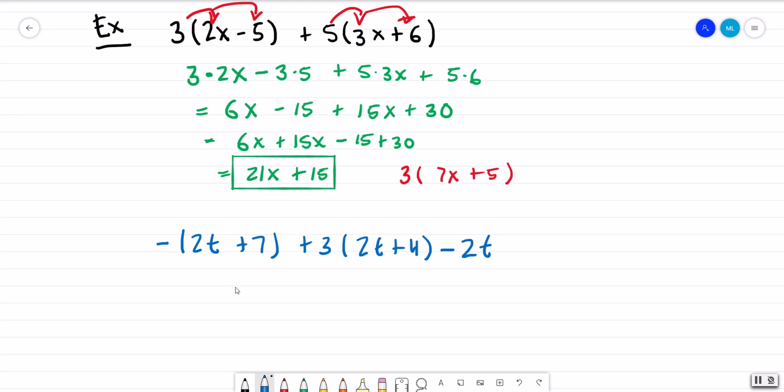Take a moment and see if you can simplify this using the distributive property and also combining like terms. Once you do that, you can fair enough say that you understand the distributive property.